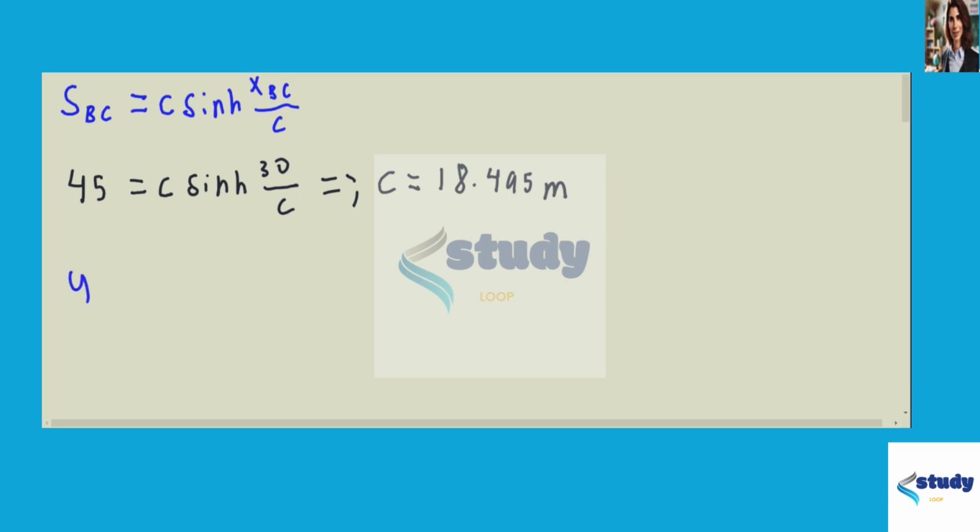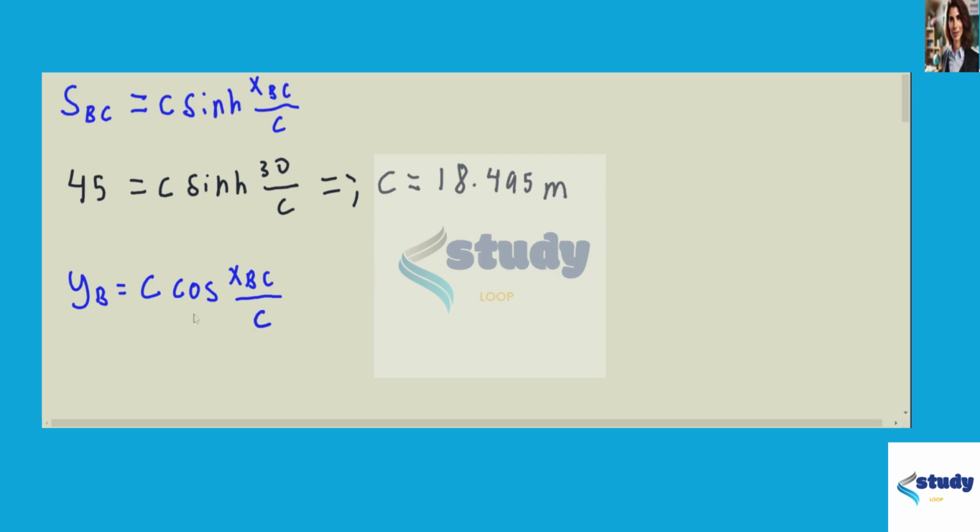And now the equation for y of B, that's going to be C times the hyperbolic cosine of x of BC divided by C. And we know what C is. We just calculated what C is.